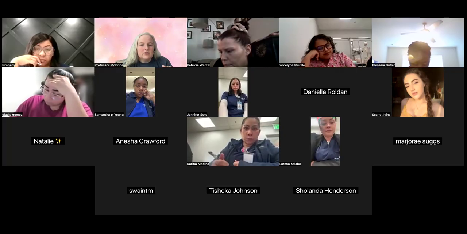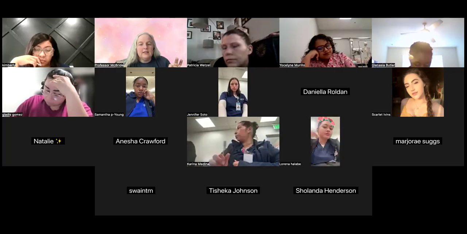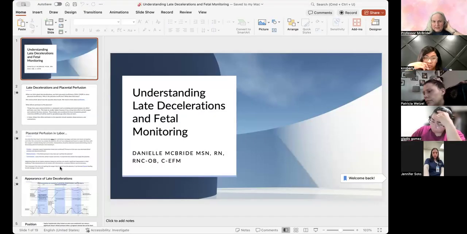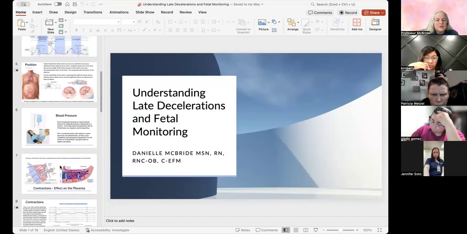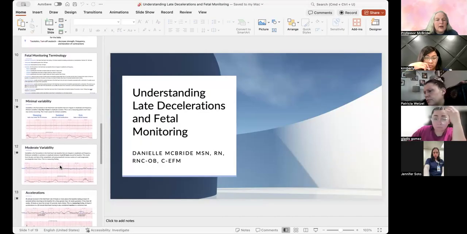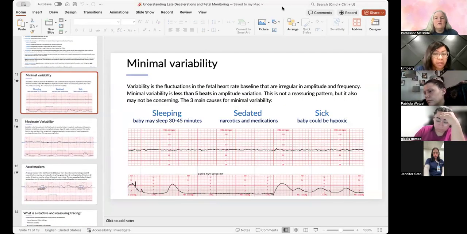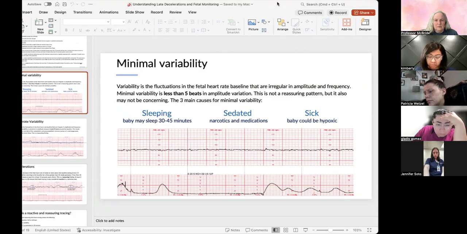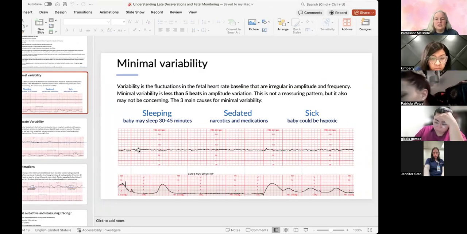I'm just going to share my screen for a second. This isn't a PowerPoint I use for class, but it has some good pictures of what I'm talking about. This one for variability shows those little fluctuations around the baseline. You see this line right here is kind of flat. There are no big variations here.